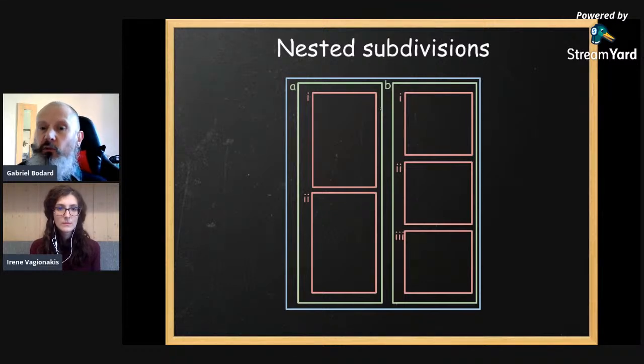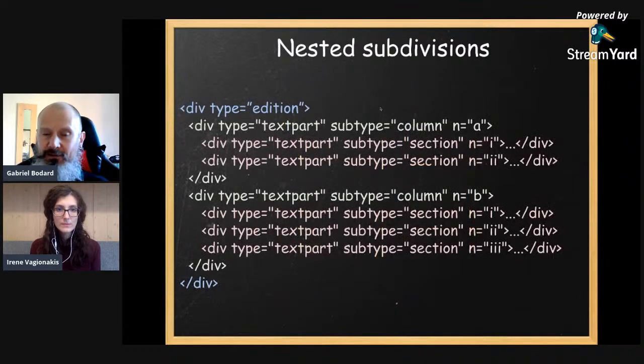In this case, just as we can nest it in our conceptual image of the monument, we can nest the three parts in the XML. So we have the div type edition represents the entire monument, the entire text that we're considering a single text for the purposes of our EpiDoc edition. You have the text part subtype column for purposes of those columns.